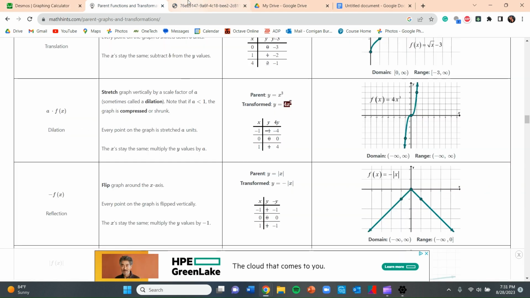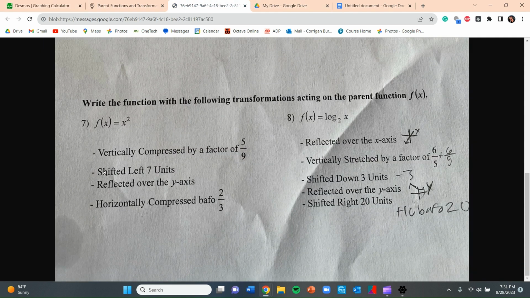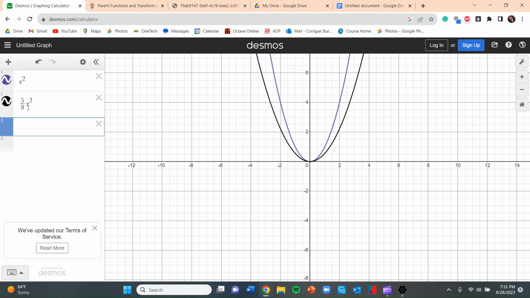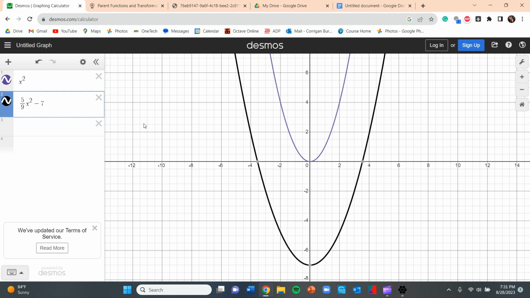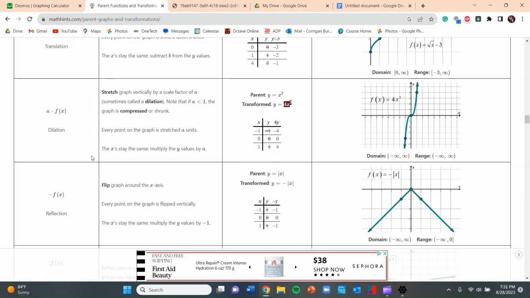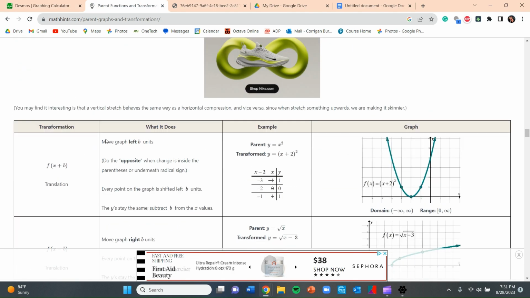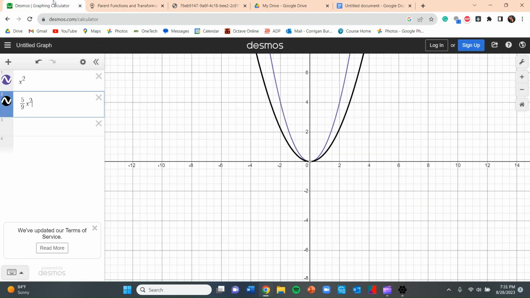So next, we need to shift left 7 units. And a lot of people would do that as an instinct. Actually, if we go down here to our horizontal, because we're going left and right, we see that we need to put our factor within the bounds of this function.